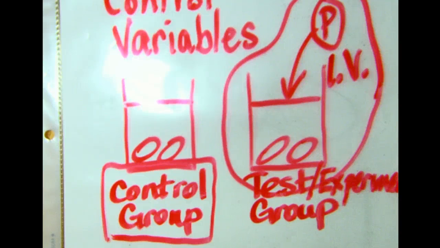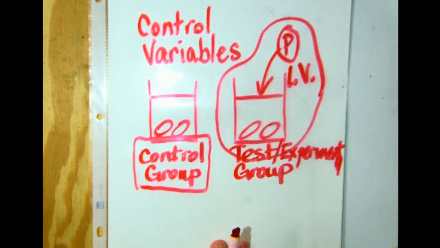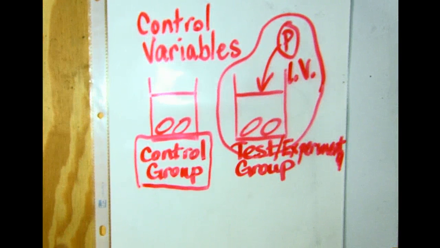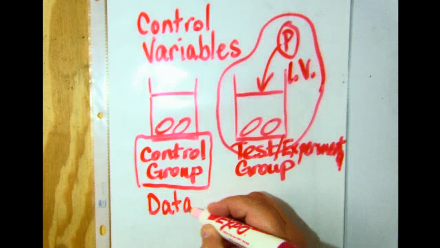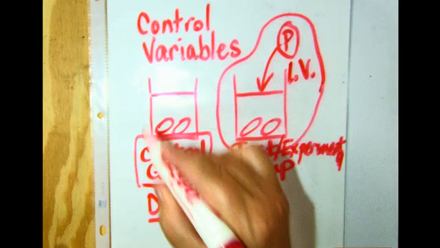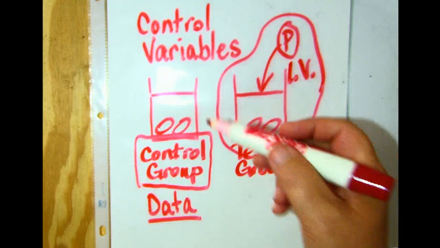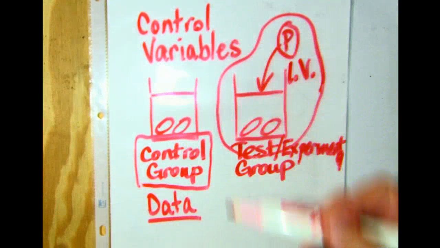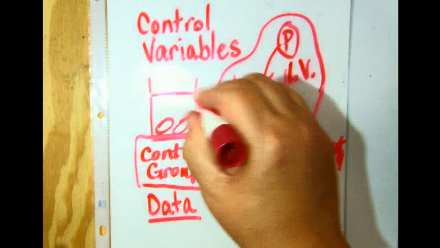Now, the last thing that we need to do is we need to measure the results. And the way we do that is we collect our data, okay? And our data, in this case, would be the number of mussels that died in each group. Now, you guys remember when we did the experiment, or we pretended to do the experiment, that in this group, some mussels did die.